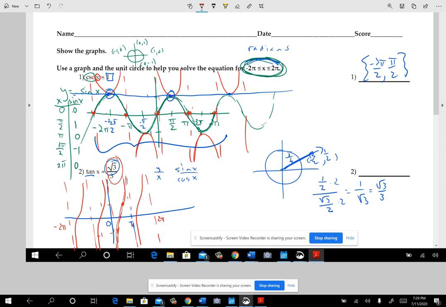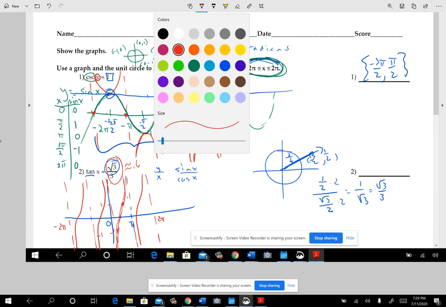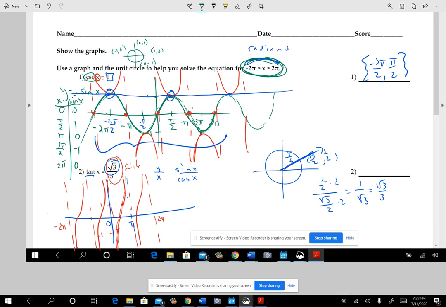As a number, the square root of 3 over 3 is a decimal, like 0.57, about 0.6. So it's a positive number, not quite at 1. Let me do this in green, a completely different color. I'm looking for all the spots where the output of the function turns out being about 0.6.